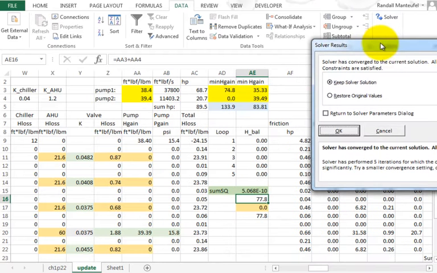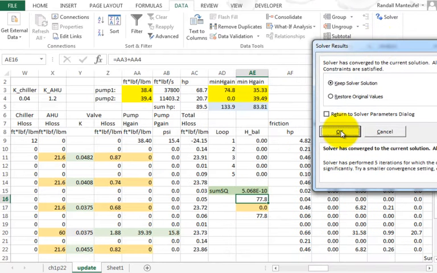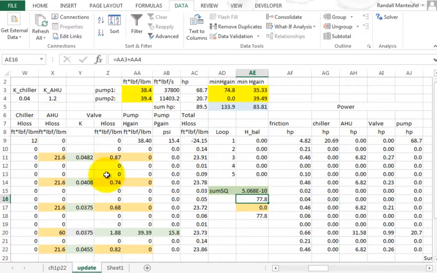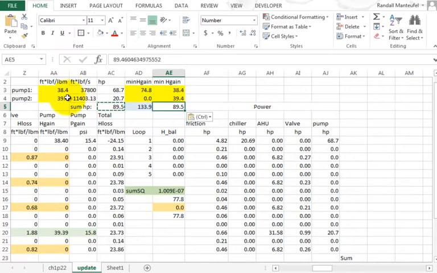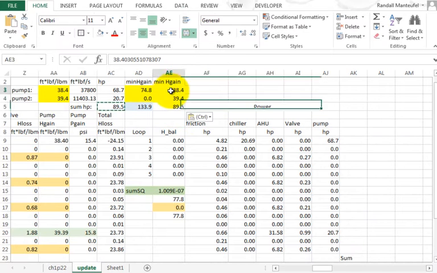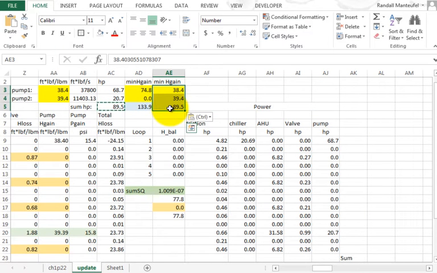Well, no, it's staying there, stuck somewhere. But the valves are pretty open. It did drive that sum of squares down to 0, didn't it? So that's pretty good. So around 90 horsepower is what's used for the 2-pump option. Yeah. So that's actually a good solution for those pipe diameters.